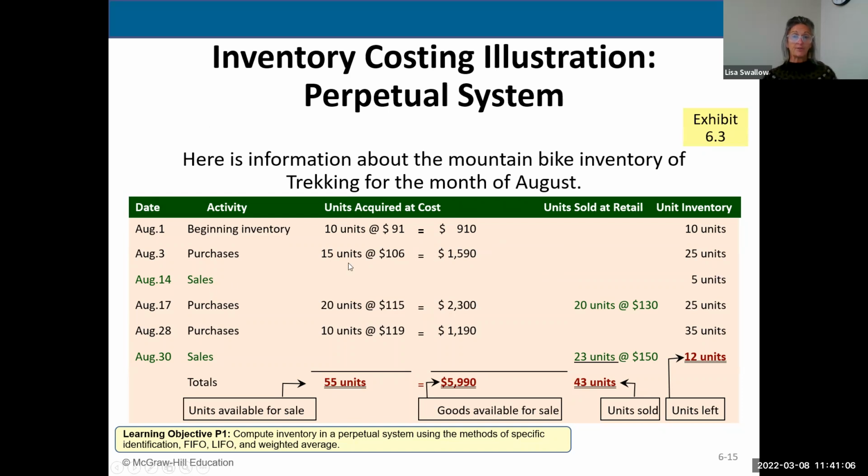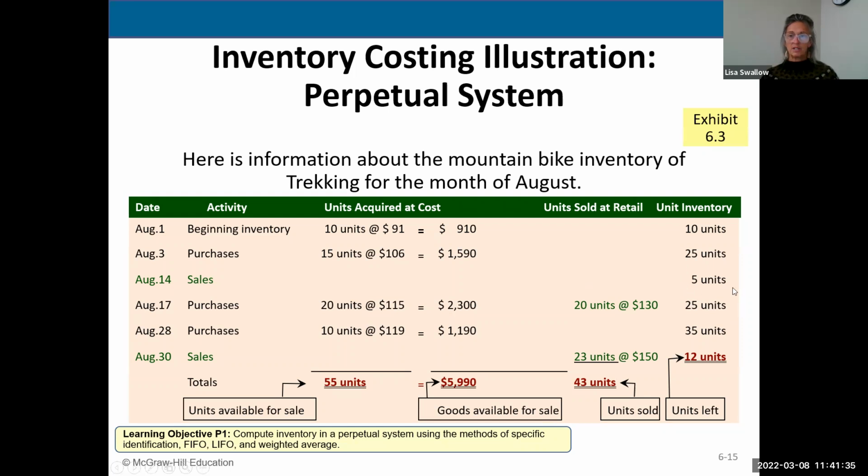Then I bought another 15, and you can see, look at that, I'm already paying another 15 bucks a bike. So period of inflation, right? So another $1,590, and now I've got 25 units. Then obviously I make a sale, and you can see I sold 20 units.